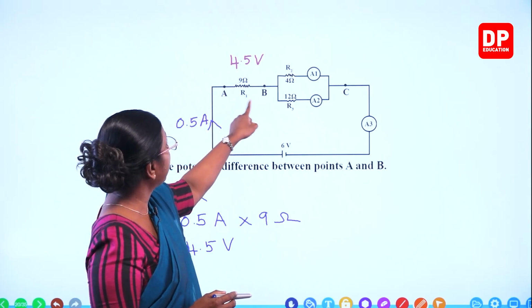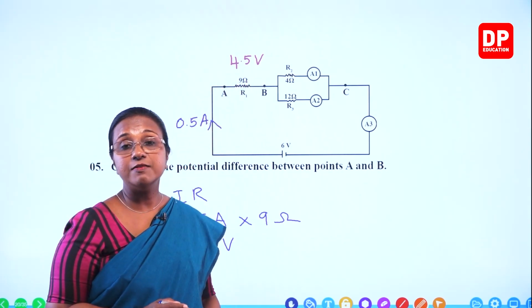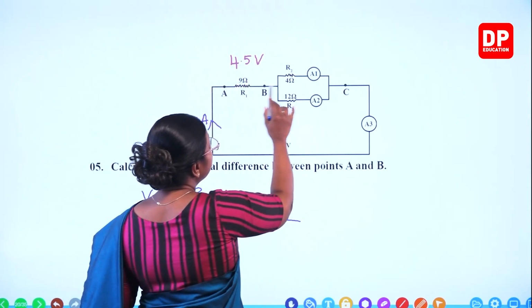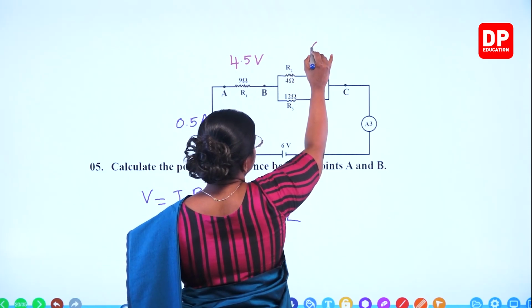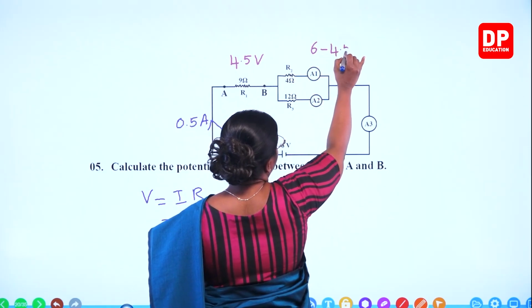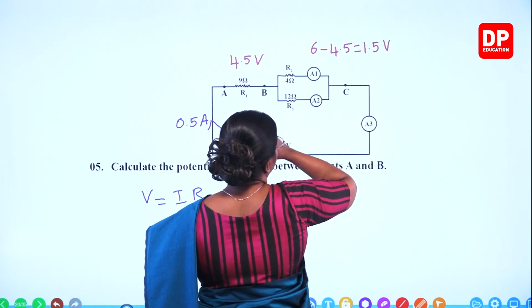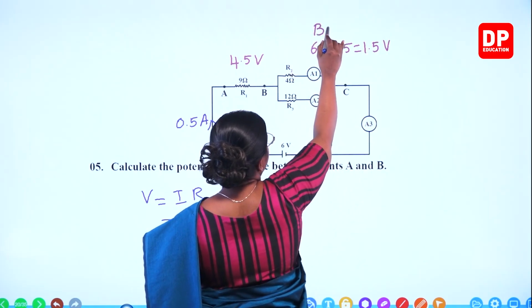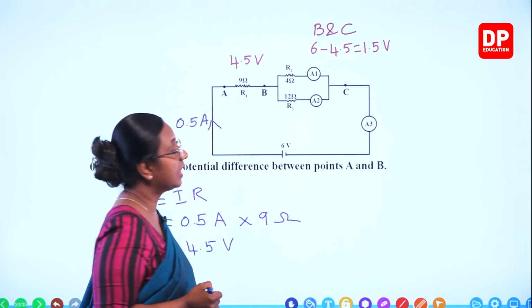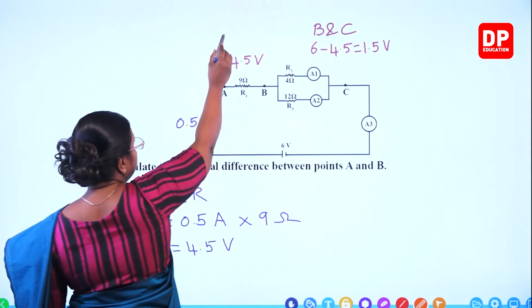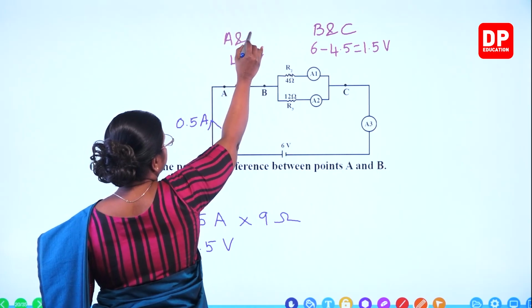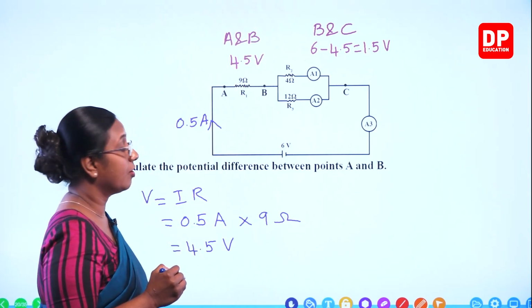So between A and B it is 4.5 volts, and between B and C it will be 6 minus 4.5, that is 1.5 volts. That you have to remember.